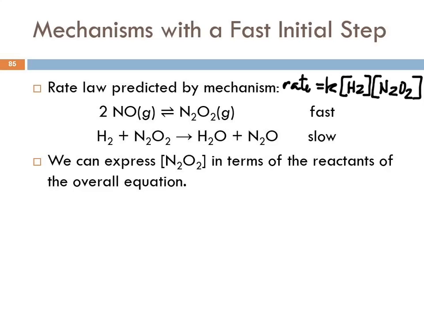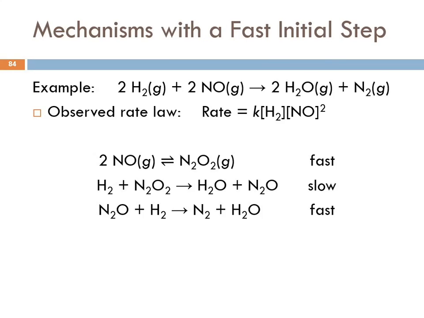That's what this step predicts. But N2O2 is an intermediate. It's not one of the reactants. And so how does that agree with the observed reaction rate? The observed, if I can remember correctly, was that the rate equals the constant times H2 and NO squared. Is that right? Let's go back. H2 NO squared.